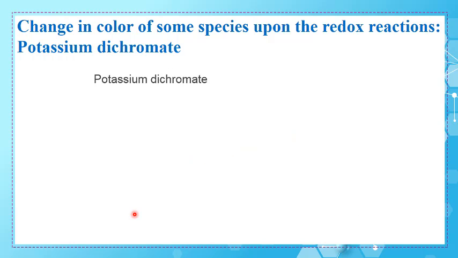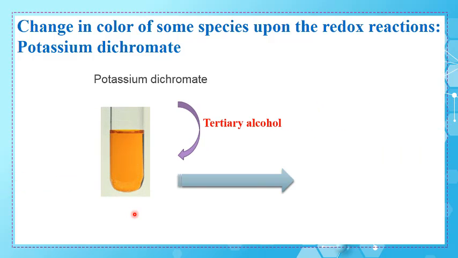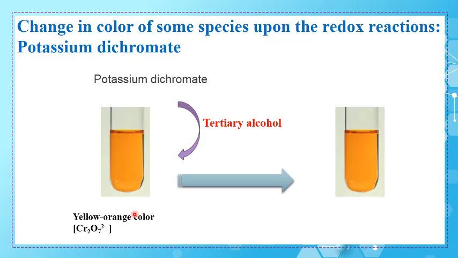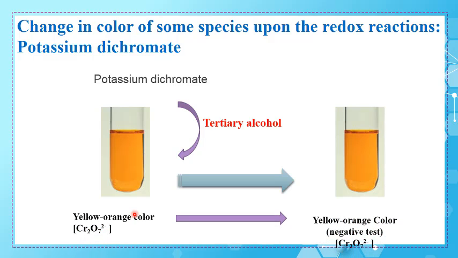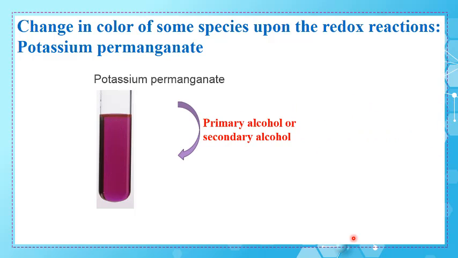Now, this is potassium dichromate having this color that is orange-yellow. With the tertiary alcohol, as you can notice, I will not obtain Cr3+, I will obtain again Cr2O7, so no reaction, and the color doesn't change, indicating that the test is negative. Again, regarding permanganate, which is MnO4-, it is a violet ion.